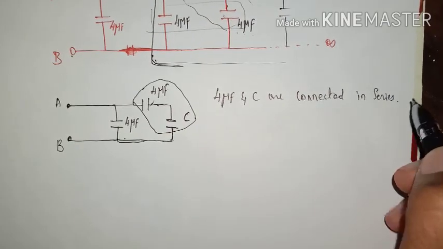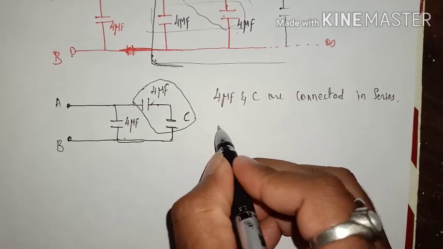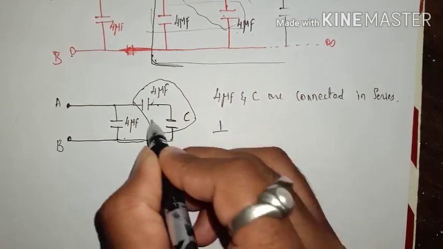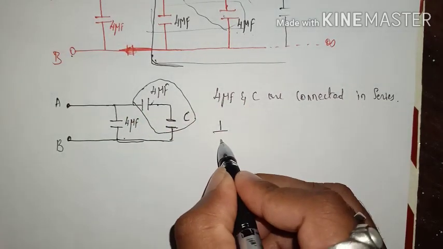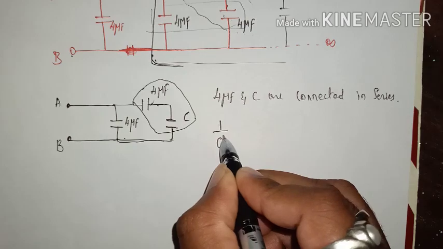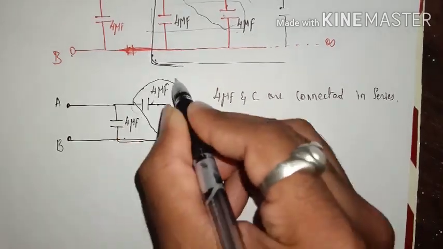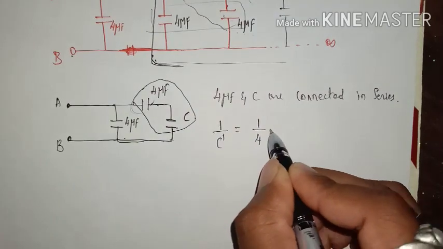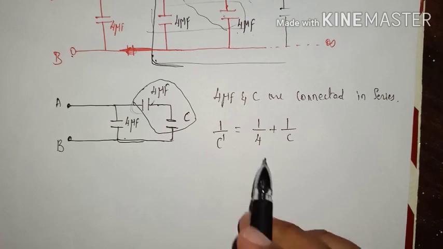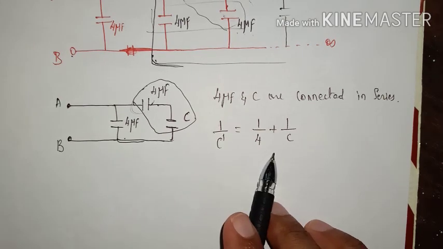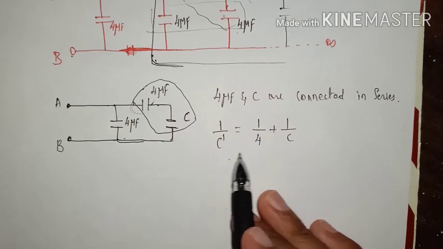If it is connected in series, how are you going to solve this? Let me take the equivalent capacitance of this one as C dash, where 1 by C dash equals 1 by 4 plus 1 by C. This is how we find the equivalent capacitance when it is connected in series.